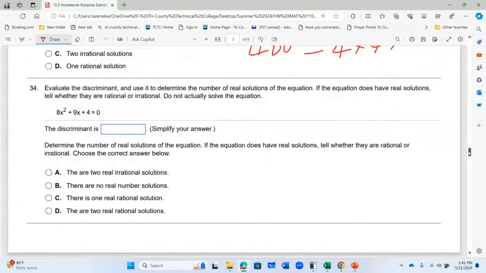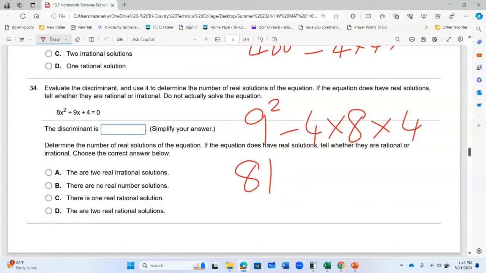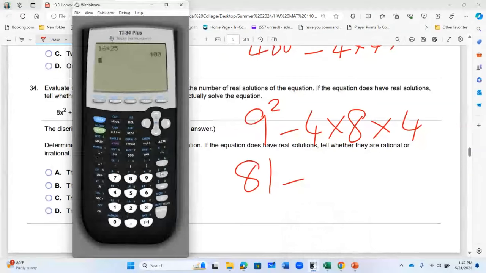So the discriminant here is b squared, so 9 squared minus 4 times a is 8 times c, this is 4. 9 squared is 81 minus, so let's get a calculator, 16 times 8. And we have 128.